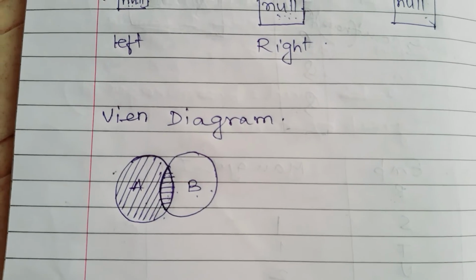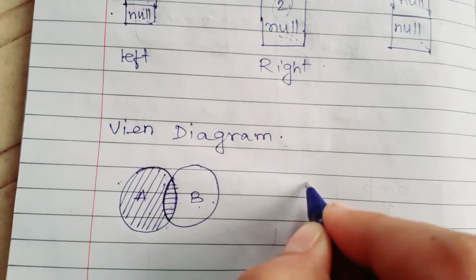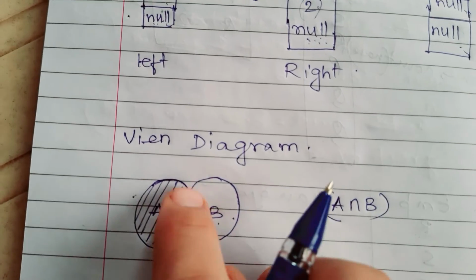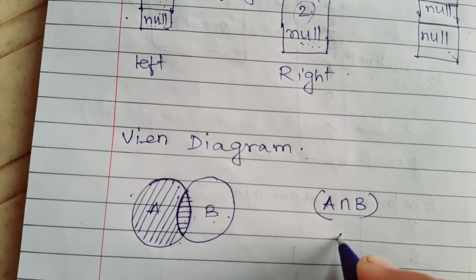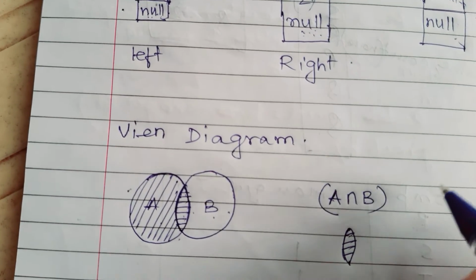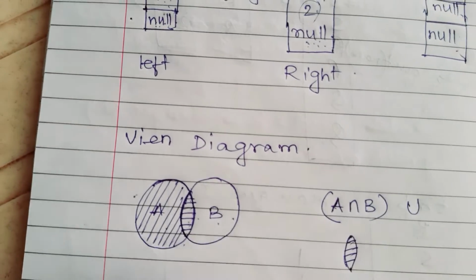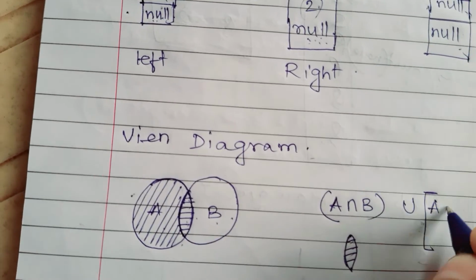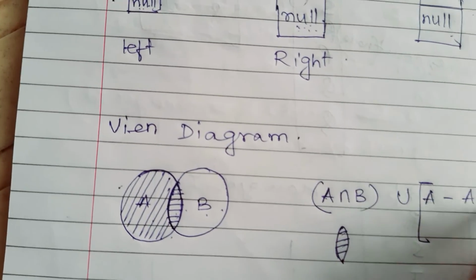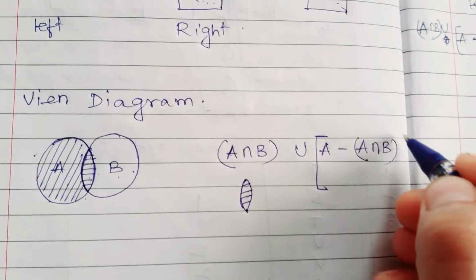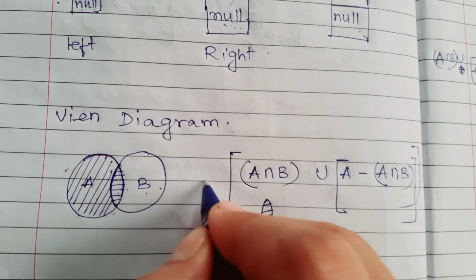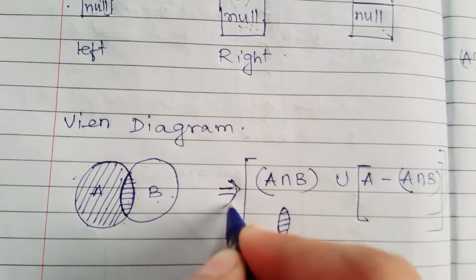Please correct me if I'm wrong: A intersection B, and union A minus A intersection B. I think this will be the result set if a left join is performed, as seen on the Venn diagram.